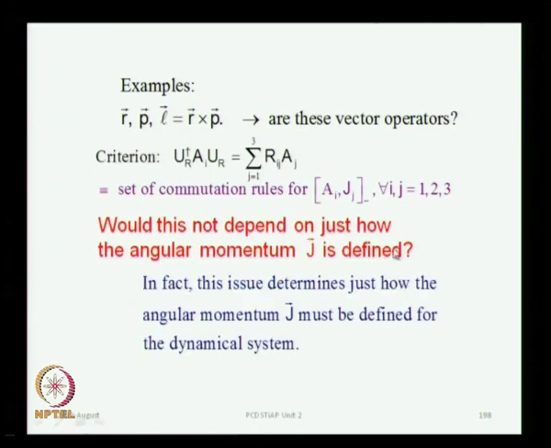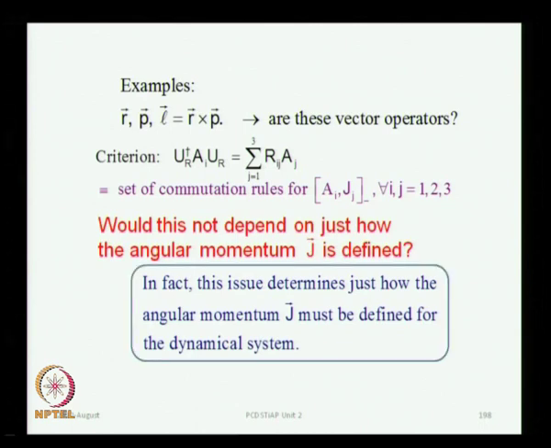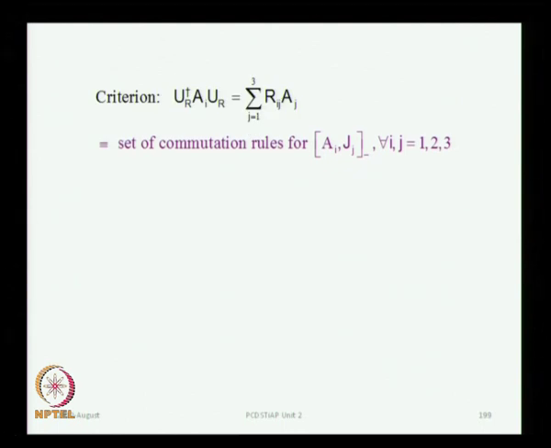So, this particular feature actually determines how the angular momentum J must be defined for a dynamical system. What exactly is the definition of angular momentum of a dynamical system? That is actually determined by this consideration, and you will see why this is so important.